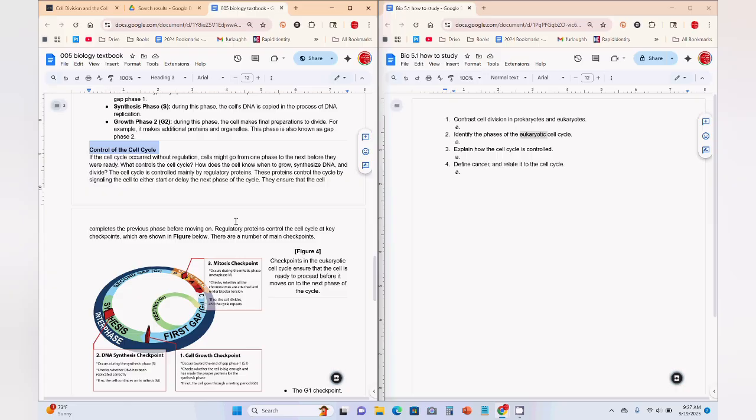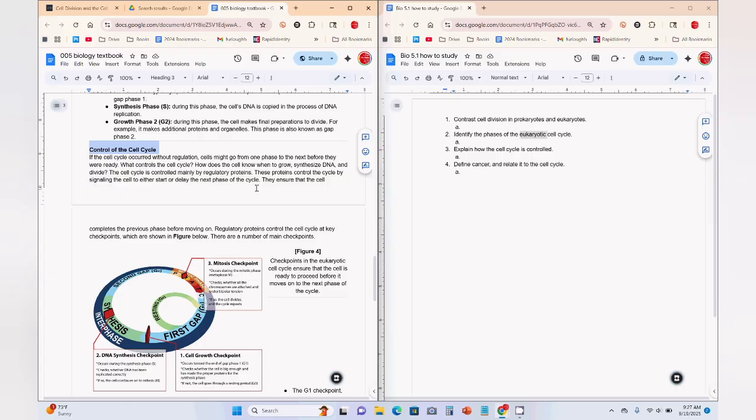These proteins control the cycle by signaling the cell to either start or delay the next phase of the cycle. They ensure that the cell completes the previous phase before moving on. Regulatory proteins control the cell cycle at key checkpoints, which are shown in the figure below. There are a number of main checkpoints. All right, pause. Just finished paragraph.